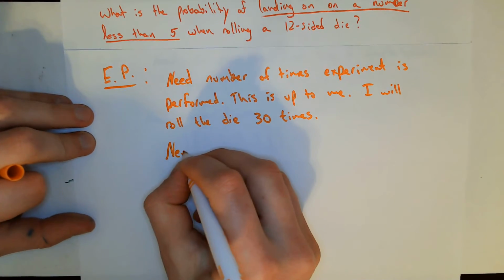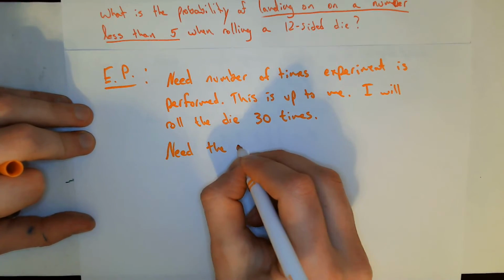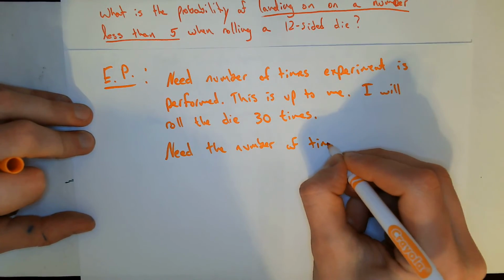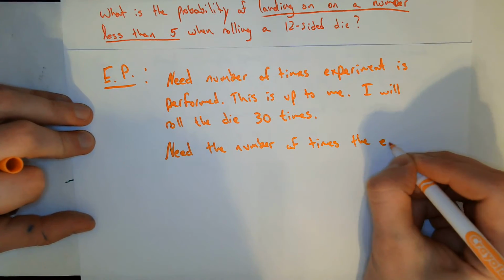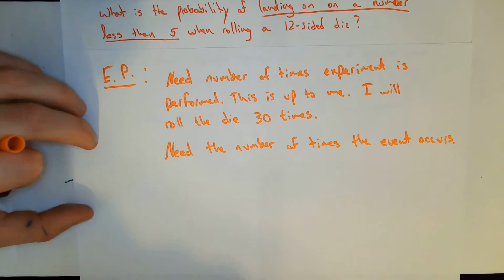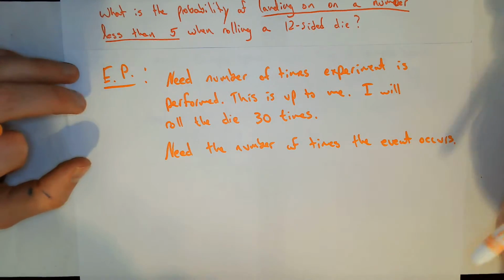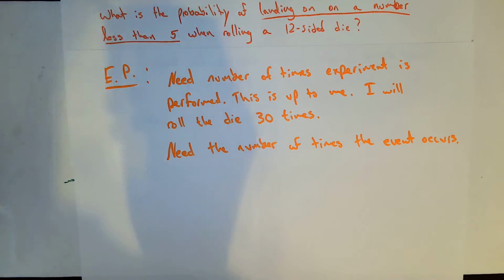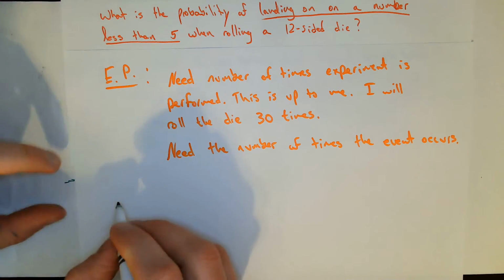Now I also need the number of times the event occurs. And the event, remember, is rolling a 1, 2, 3, or 4, rolling something less than a 5. That's going to come from the experiment. So I'm going to keep track of these things by making a little table.